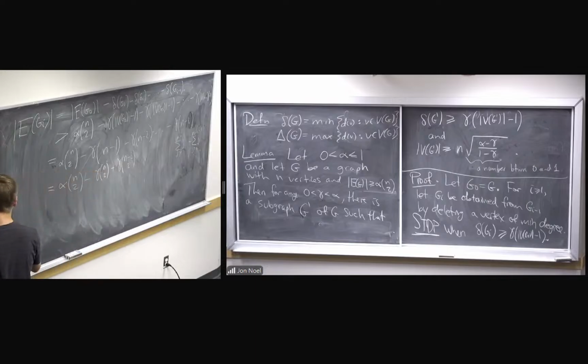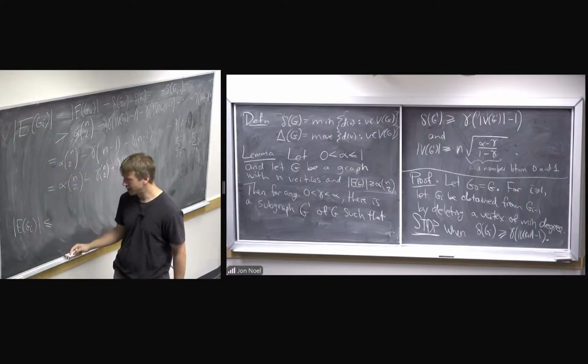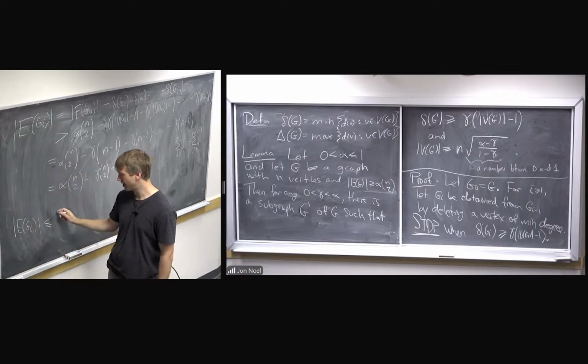So I also want to do a really stupid upper bound on the number of edges in Gi. The stupid upper bound is it could be all of them. And how many vertices does Gi have? It has n minus i.